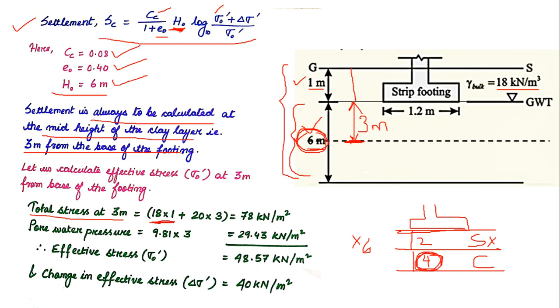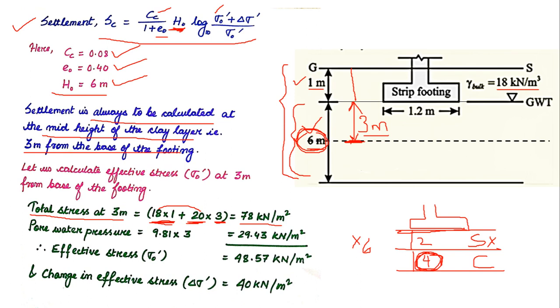Now beneath the bed of the footing, I have a bulk unit weight of 20 kilonewton per meter cube, and the depth is 3 meters. So 20 multiplied by 3 will give you the total stress beneath the bed of the footing. If you add both of them, you get the total stress at 3 meters below the footing.